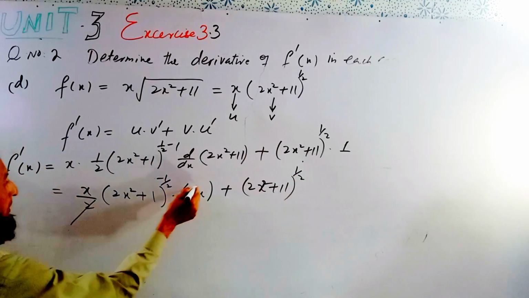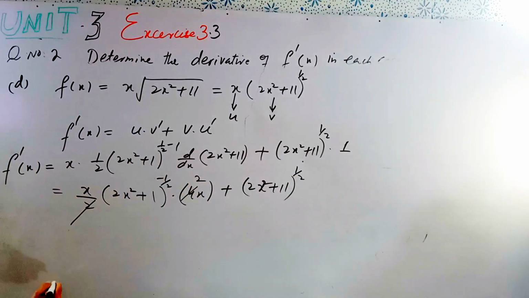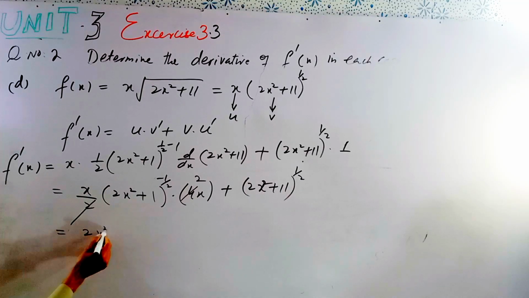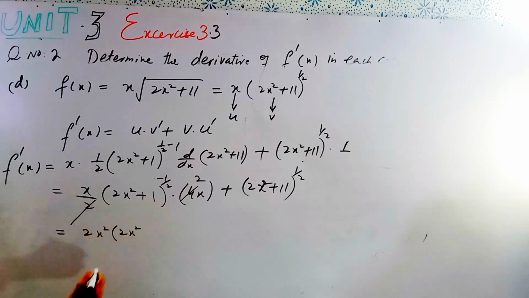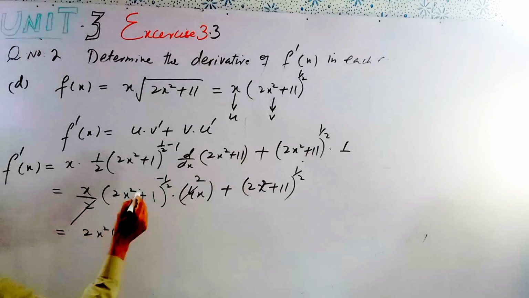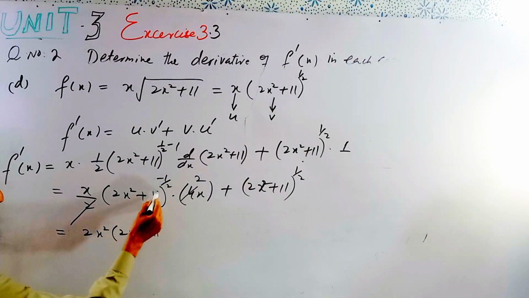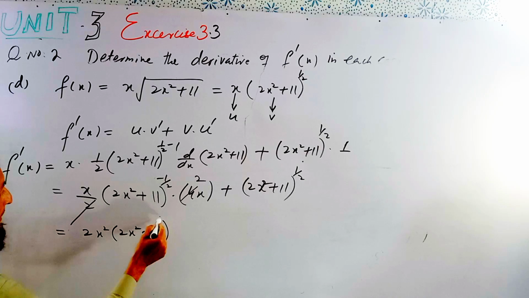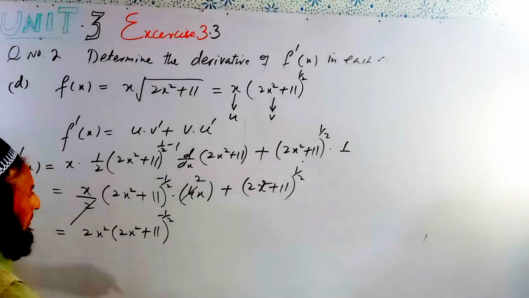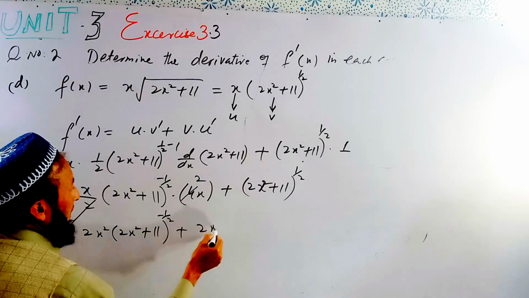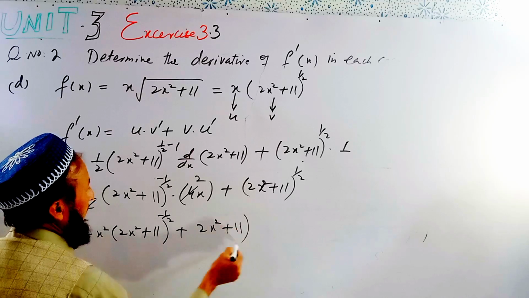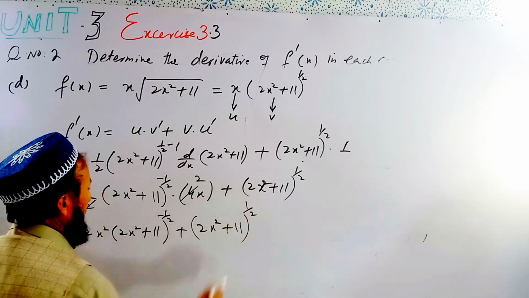Now 2 and 4 are cancelled. 2x² into x, and (2x² + 11) power −1/2 plus (2x² + 11) power 1/2.